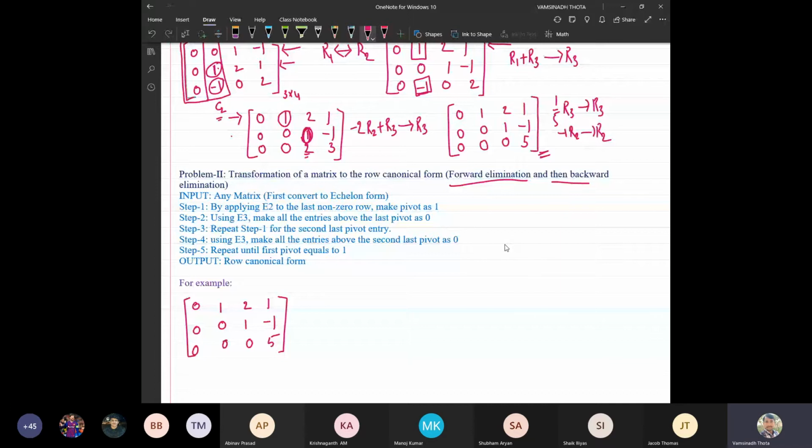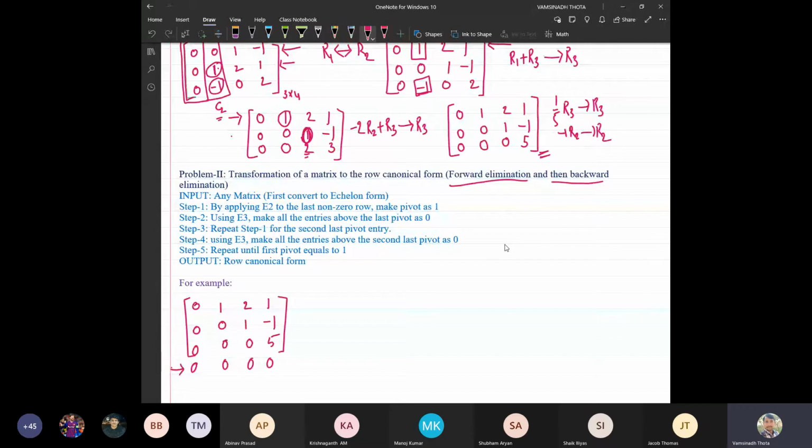Now, after converting to the echelon form, sometimes you may have some 0 rows at the bottom. Sometimes in some examples you may receive them.